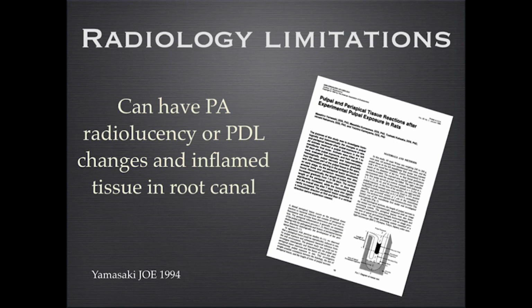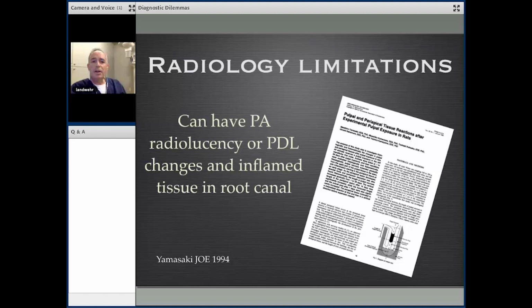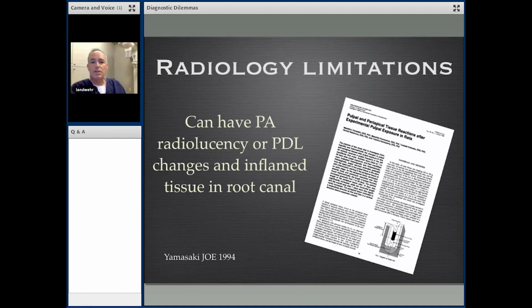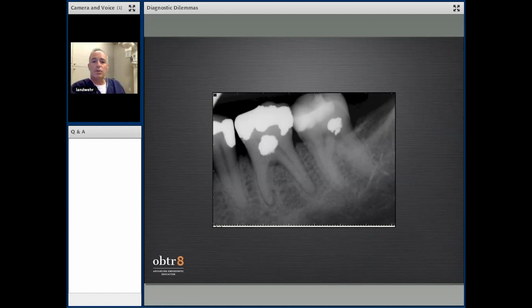And when we think about the limitations of radiology, could there be a periapical radiolucency with an inflamed or viable dental pulp? Yamazaki et al. say, yes, there can be. And I think this is relevant as we move forward and look at a couple of cases. Tooth number 19 is very sensitive to both hot and cold. It's percussion sensitive.